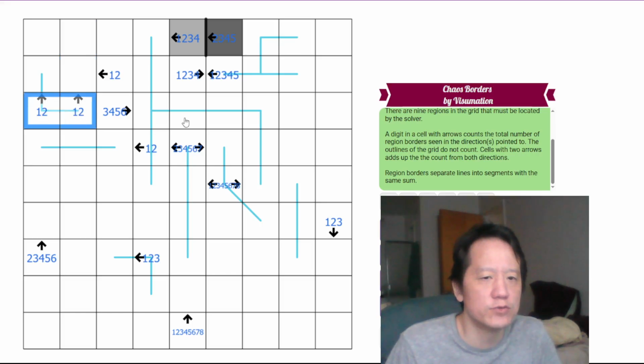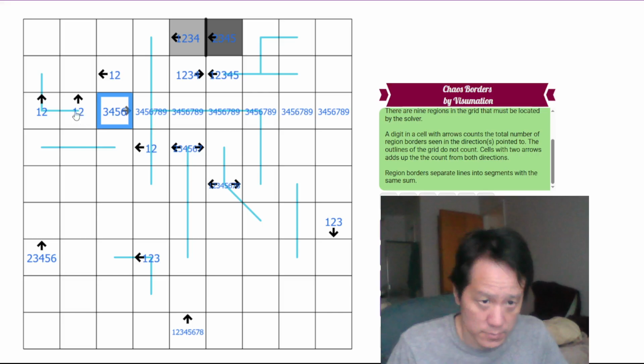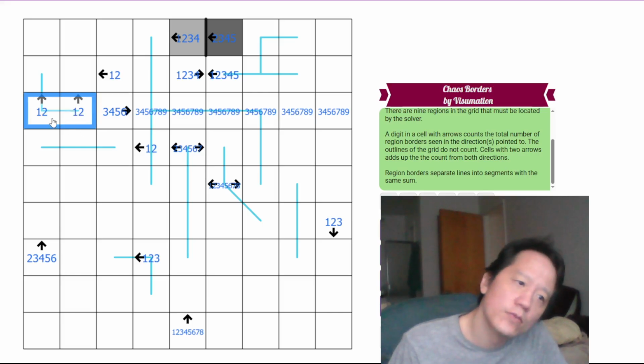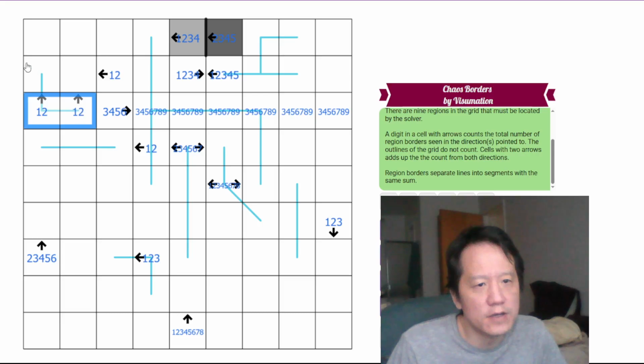Well, we know this is a 1-2 pair, so this is 3 through 9 here. These have to be the same region. If these are different regions, then you cannot have 1 and 1 adding up to 2. So these have to be the same region. We know that for certain. One of these is 2.